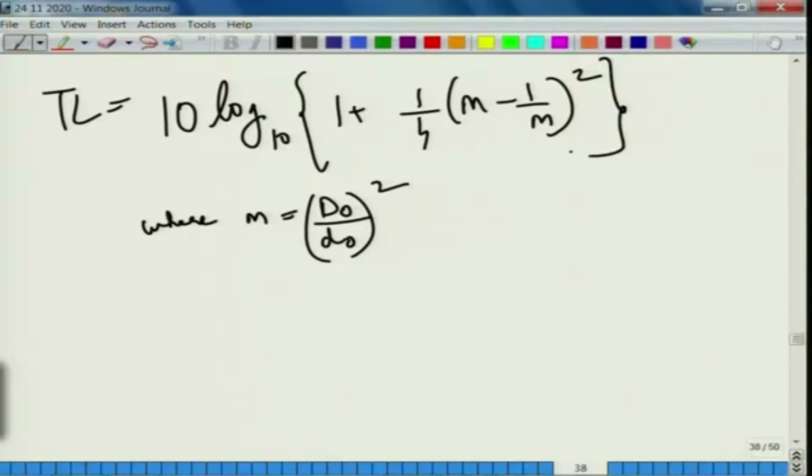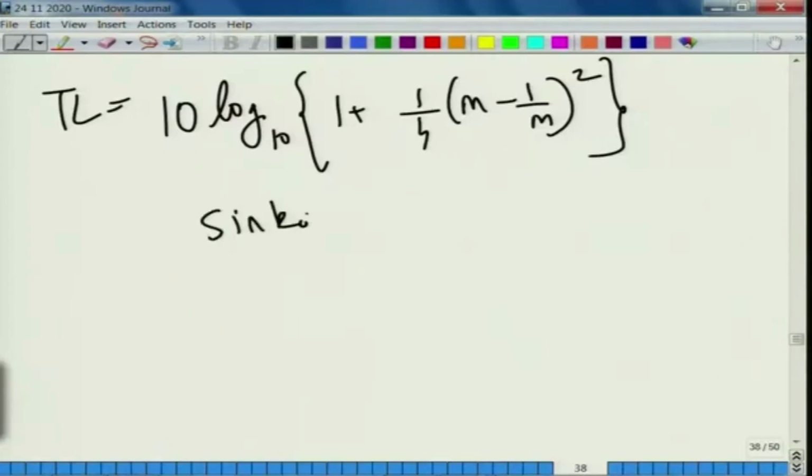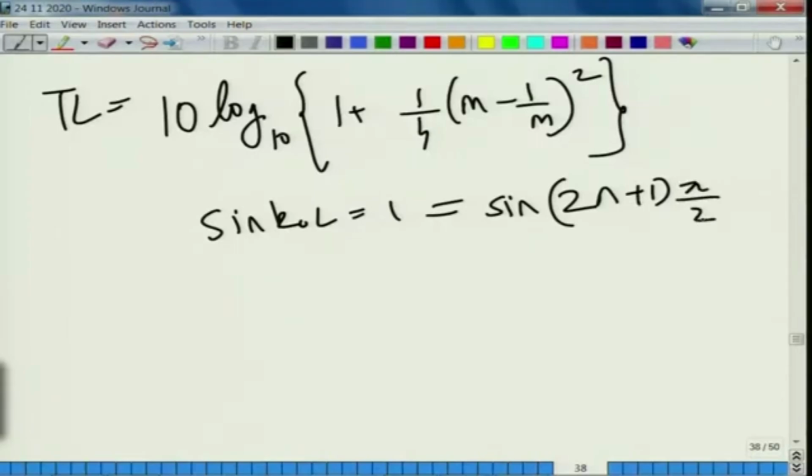So, when does this happen? When sine k naught L is equal to 1, that is sine of (2n plus 1) pi by 2, where n starts from 0, 1, 2, 3, 4. So, let us simplify the expression: k naught L is equal to (2n plus 1) pi by 2 for crests or domes.